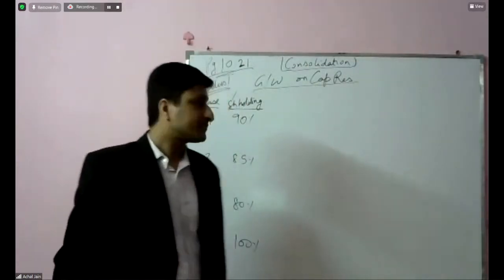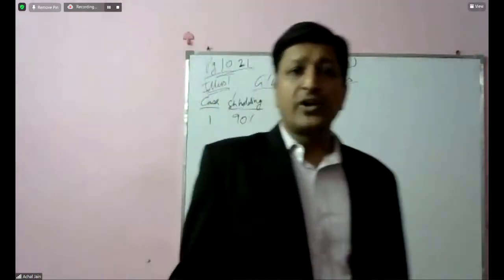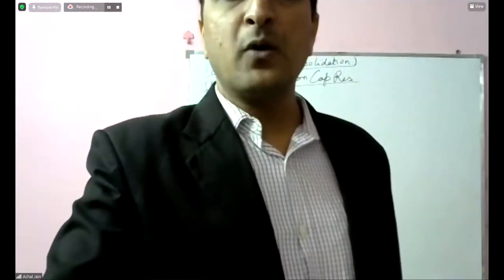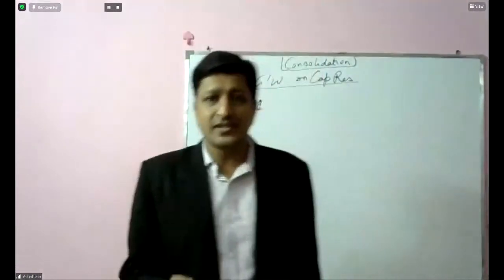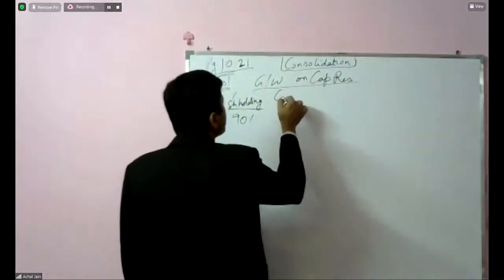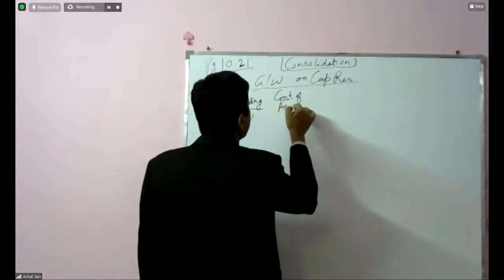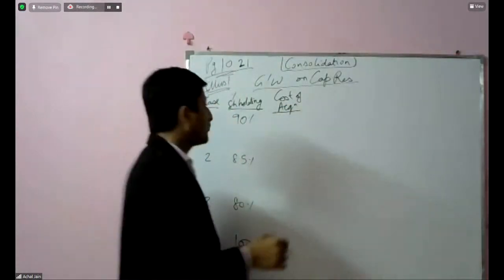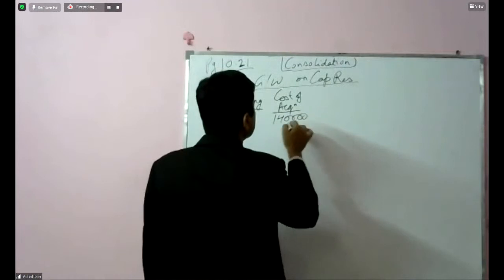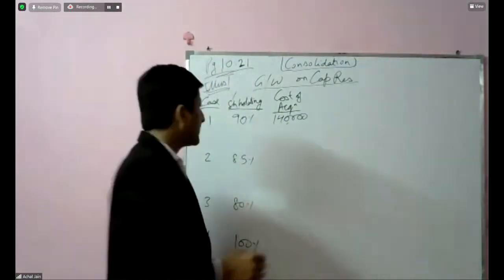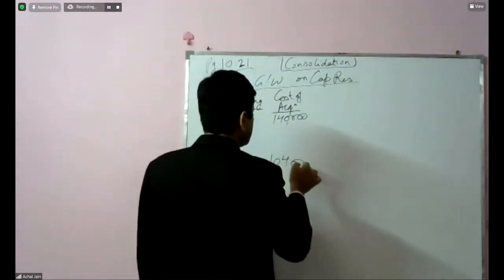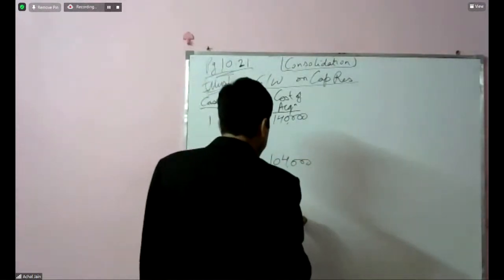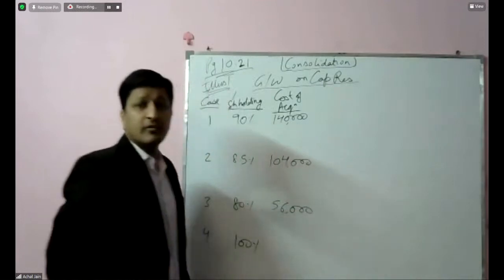Then we need the cost of acquisition, or you can say the amount which has been invested. It is again given in the question: 1,40,000, this is 1,04,000, this is 56,000, and the fourth one, 1 lakh.